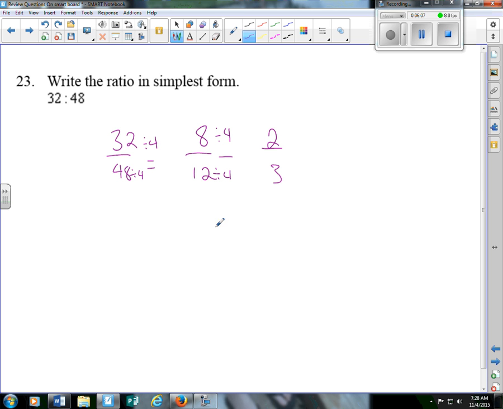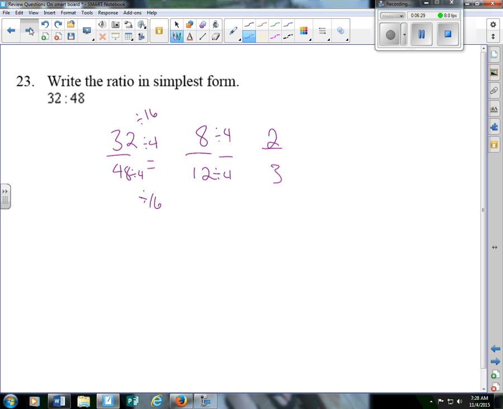Now, when I get problems like this, I go back and I check and I say, well, I had to divide it twice. Did I make a mistake, or did I not use the greatest common factor? So I look back and I go, 4 times 4 is 16. 32 divided by 16 is 2, so that checks. 48 divided by 16 is 3, so that checks.